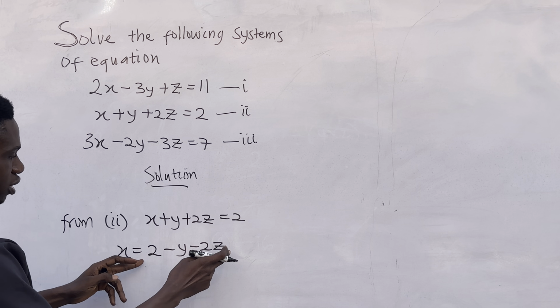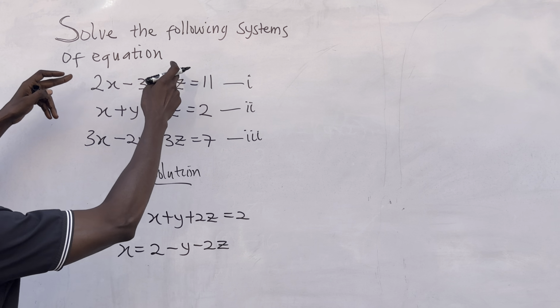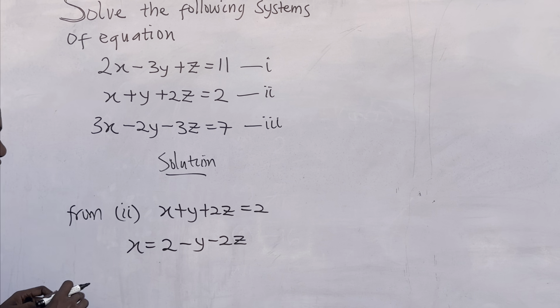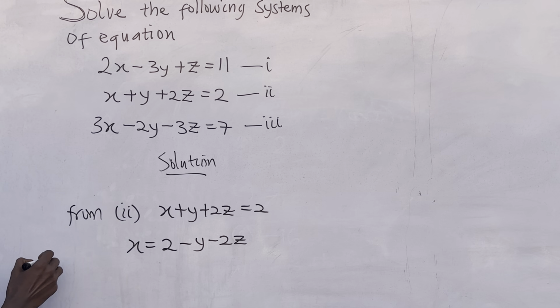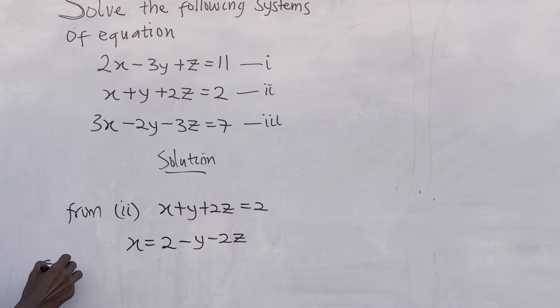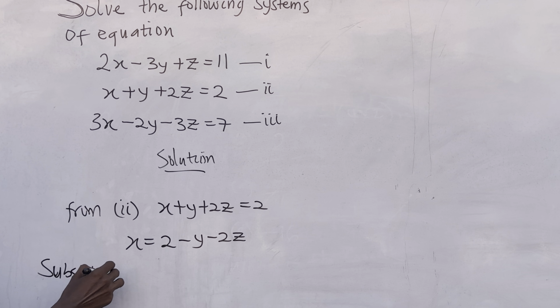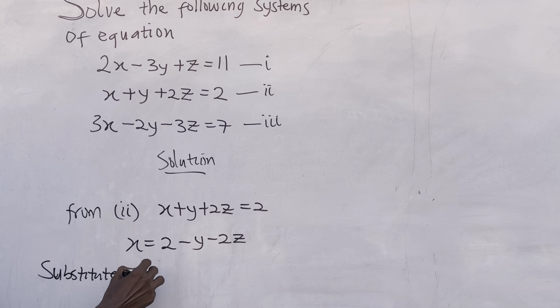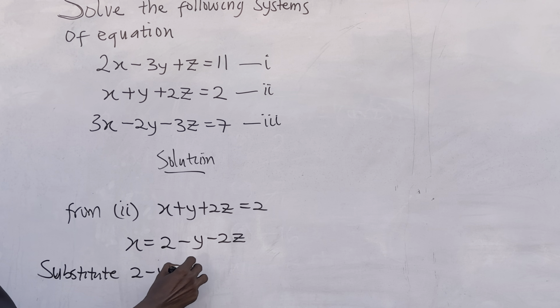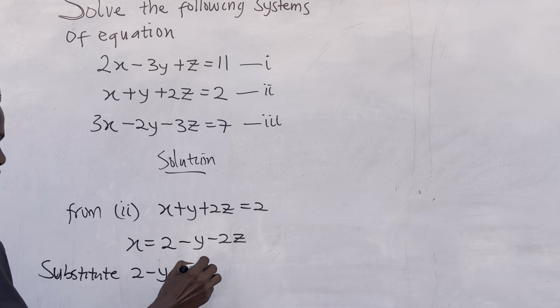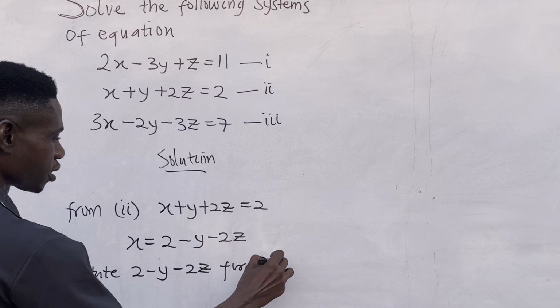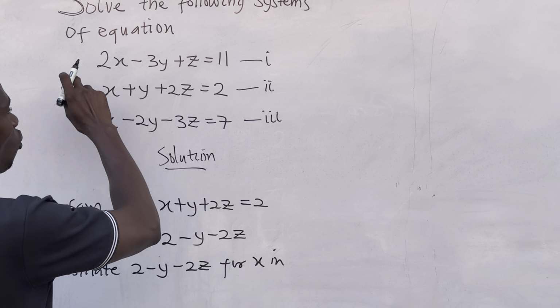Now we can substitute this into equation 1 and also into equation 3, and then we'll have something simpler to work with. So let's do that. The first thing is to substitute 2 minus y minus 2z for x in equation 1.